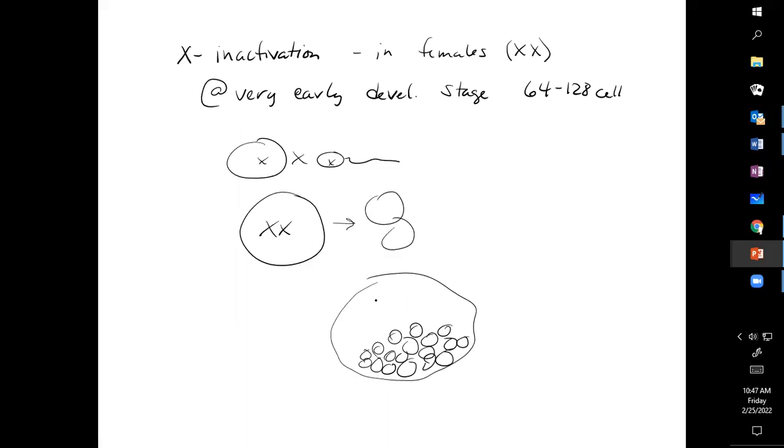At this stage of development, which is about 3 days after fertilization, one of the X's is randomly selected to become inactivated. So at this stage, one X chromosome is randomly inactivated in each cell.